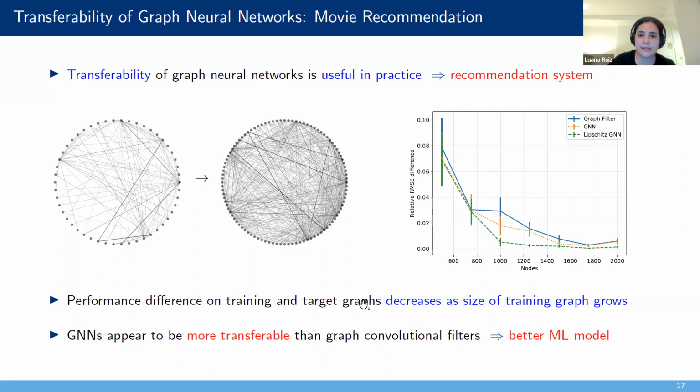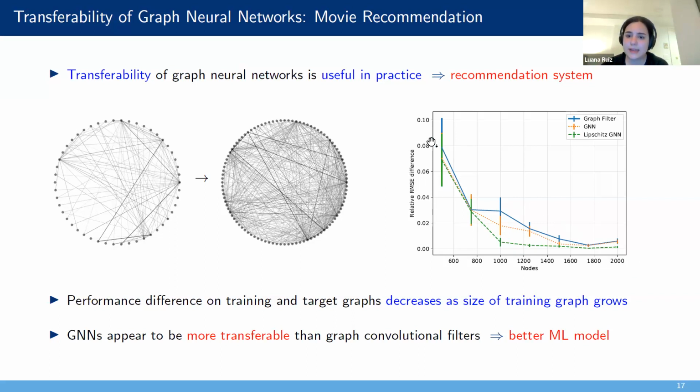So, for instance, in this slide here, I didn't describe this example, but this is the recommendation system example where we're training on a smaller product network and transferring to the larger one. And what we're plotting on the right here is the difference between the loss that we get when we train on the small graph with size given by the x-axis, and on the large graph, which has 4,000 products.